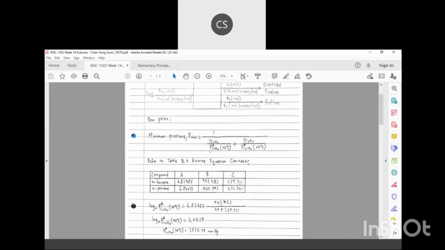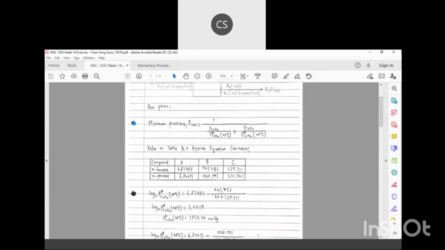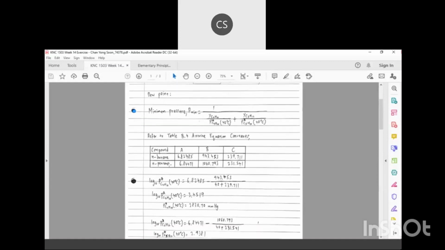In order to calculate the minimum pressure, you have to refer to Table B.4, the Antoine equation constants, to find the values of A, B, and C of the compound.